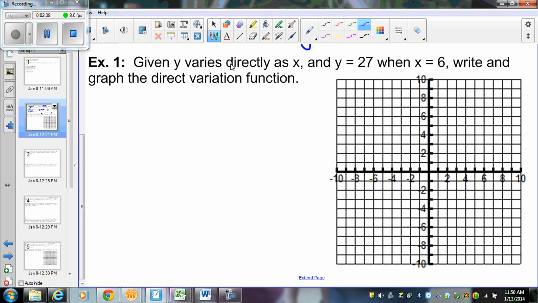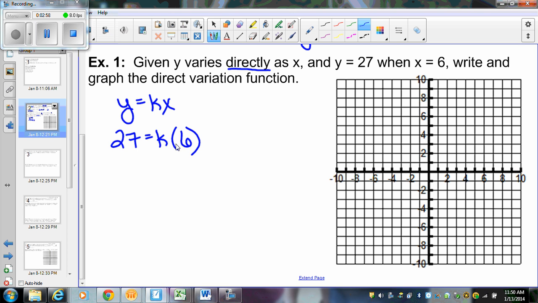Okay, so we know automatically that when we see y varies directly as x, our general equation is y equals kx. And then they're going to give you some known relationship in order to be able to solve for k. So the known relationship here is that y is 27 when x is 6.